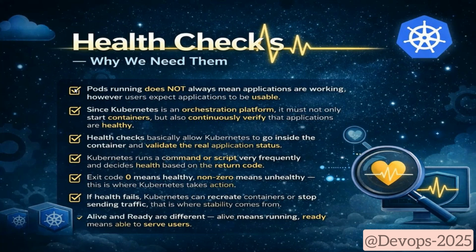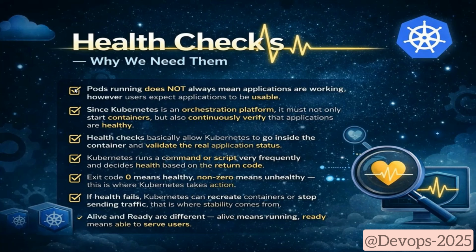If the exit code is 0, the container is healthy. If the exit code is non-zero, the container is unhealthy. So when you execute a command, if the exit code or output is 0, that means the container is healthy. If the exit code or output is non-zero, that means the container is unhealthy.